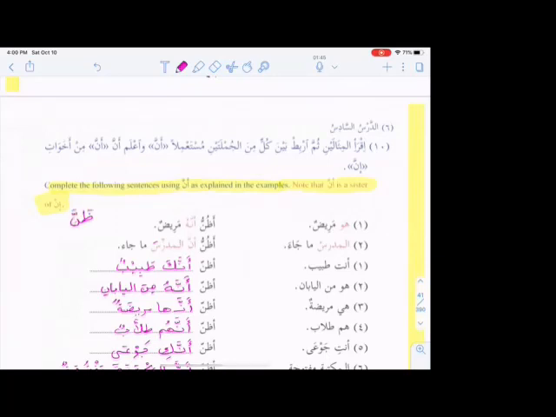Zanna, he thought. Ya zunnu, mudaria, he thinks. Five in your pocket, my brother and sister. Can you make it?